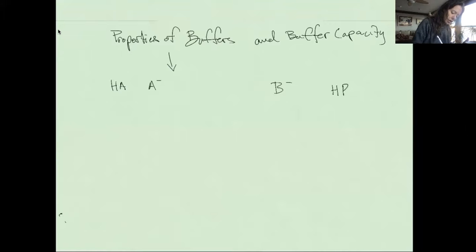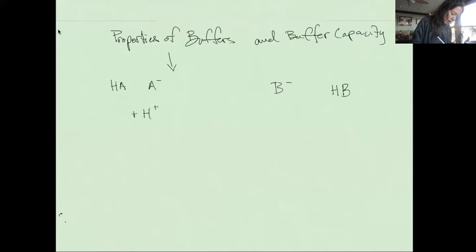Buffer solutions resist a change in pH upon addition of an acid or a base, and you need to understand how. If I add an acid to this, then what's going to happen?